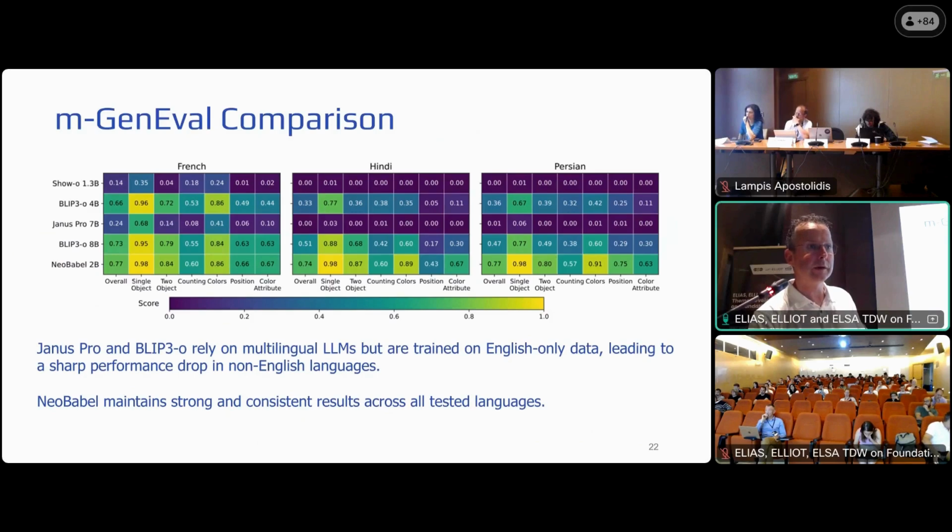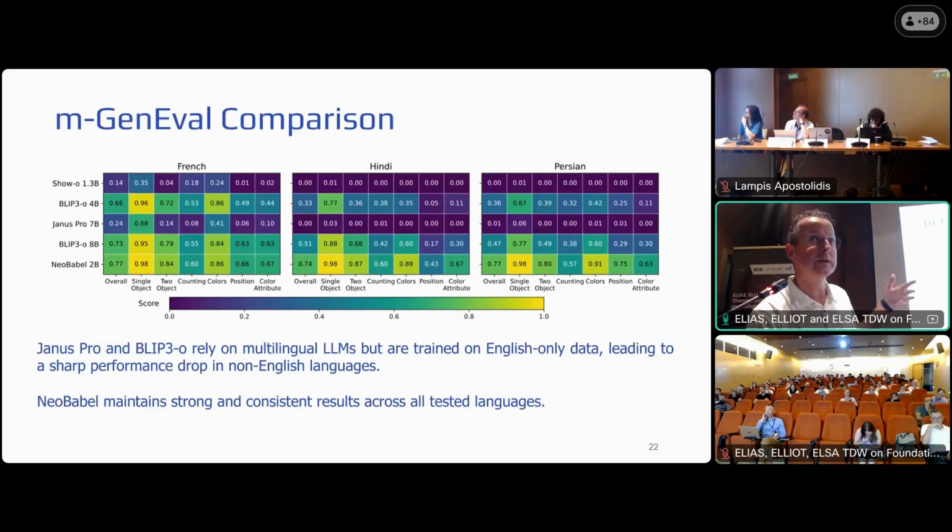But when we go to more specific languages like Hindi and Persian, they really collapse. This is not surprising because Show-o uses as its underlying language model Phi 1.5, which is English only. It has never seen any other languages, so it cannot do this. Janus Pro is based on a DeepSeek LLM, which apparently is also not very good in international languages.